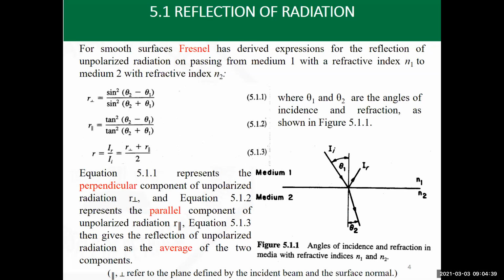Equation 3, or 5.13 here, gives the reflection of unpolarized radiation as an average of both of these. So these are expressions that we can use to calculate both the perpendicular as well as the parallel component of radiation falling onto the surface.